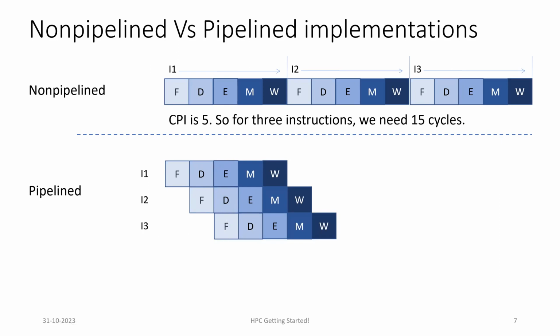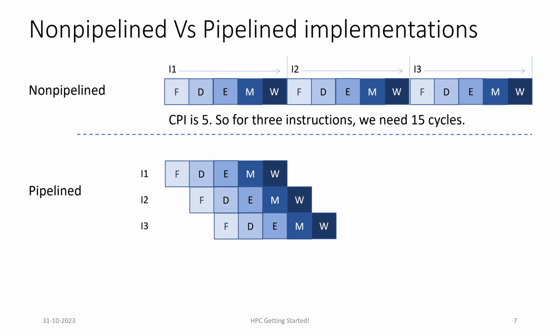In the steady state, one instruction will be in the write back, the next instruction will be in the memory stage, the instruction after that will be in the execute stage, and so on. So we are able to engage all the different stages of the hardware involved in instruction execution to get better performance.